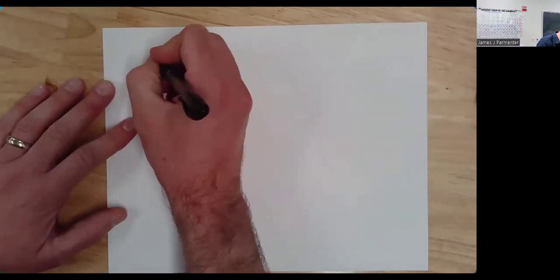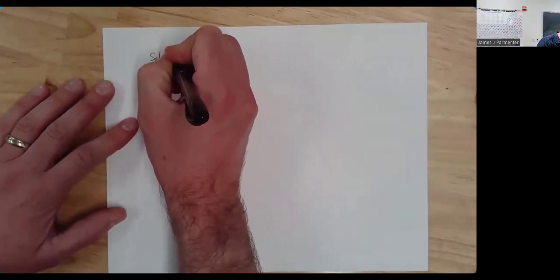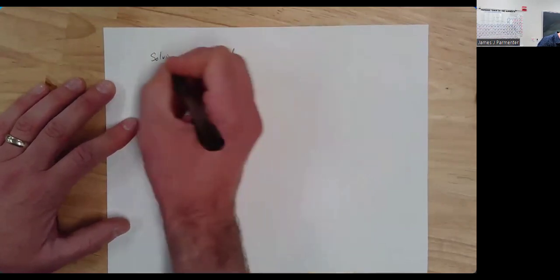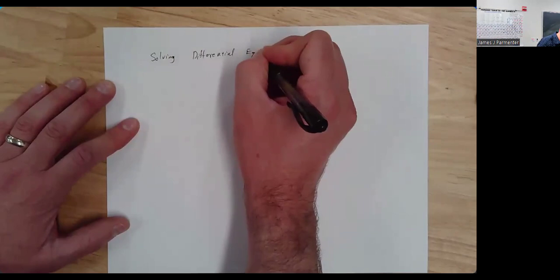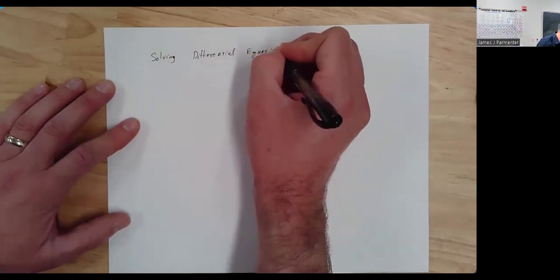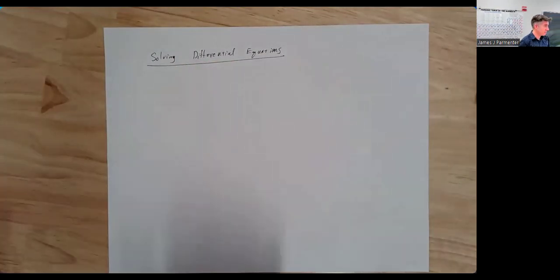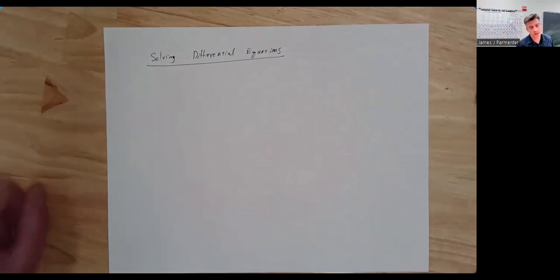So, solving differential equations. I'm guessing he only talked about solving using separation of variables so far. Or did he talk about first order linear differential equations using an integrating factor? He started that on his own. Okay, so that would be on Wednesday.